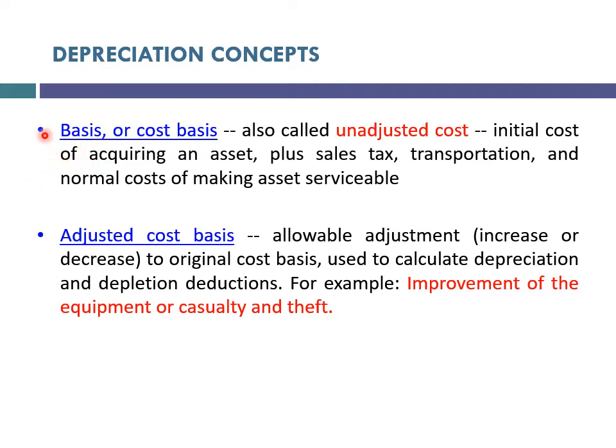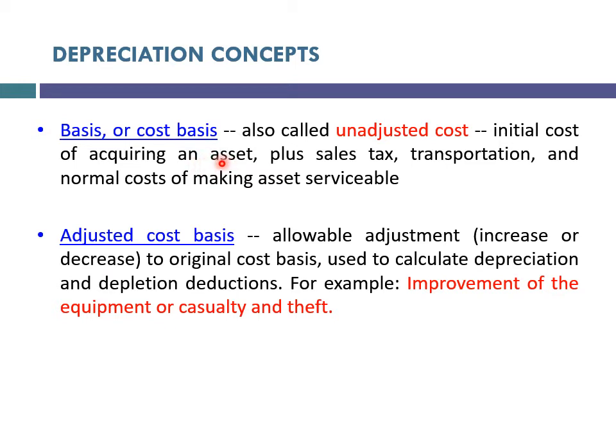First of all, basis or cost basis. What is this? It's sometimes also called unadjusted cost. It is the initial cost of acquiring an asset. You purchase this asset, and in order to purchase, you need to pay some money.